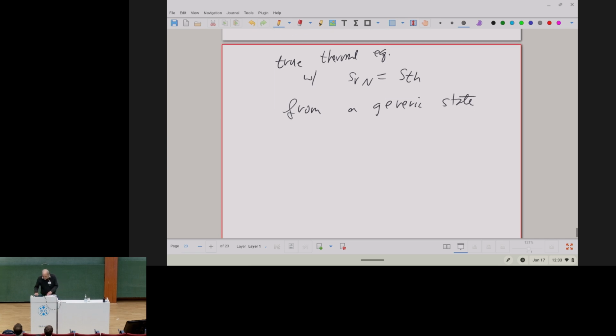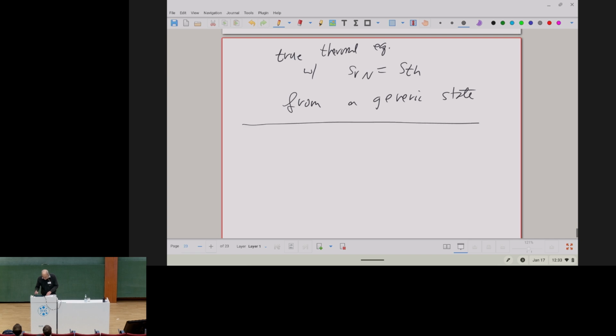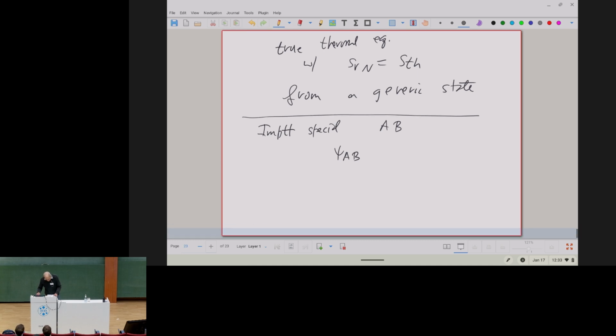Now, something else I also already... Then there's the important special case that we ran into in the thermofield double case. That's the bipartite system with a pure state of the combined system, as I explained in the first lecture.